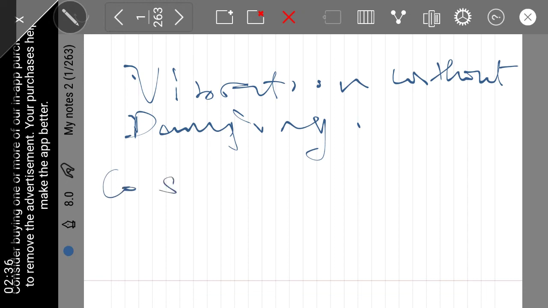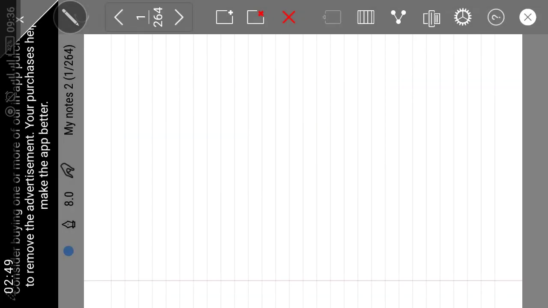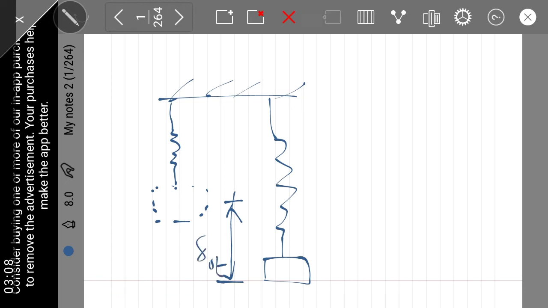First, we consider a particle. This is the weight acting downwards.